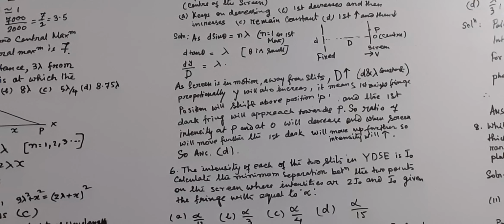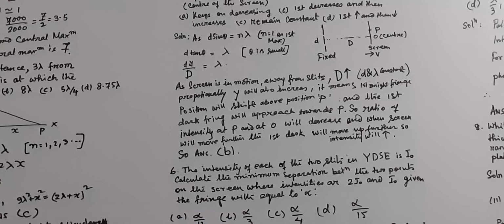So the choice will be: first decreases and then increases. Intensity first decreases and then intensity increases. That means it is B. Next question, question number 6.